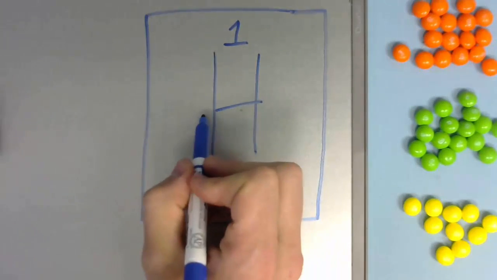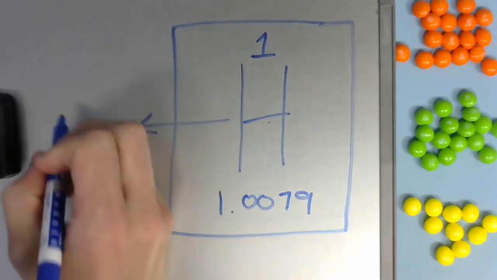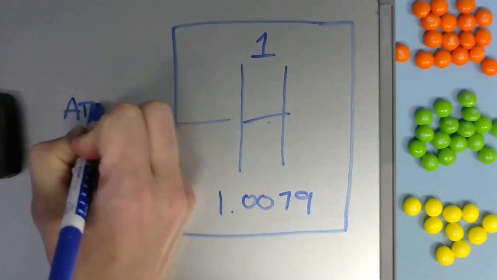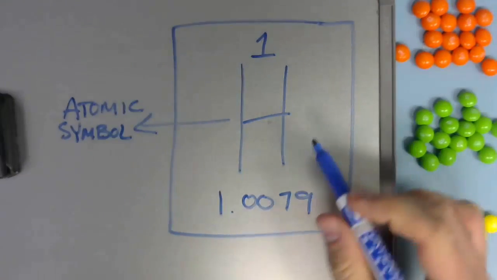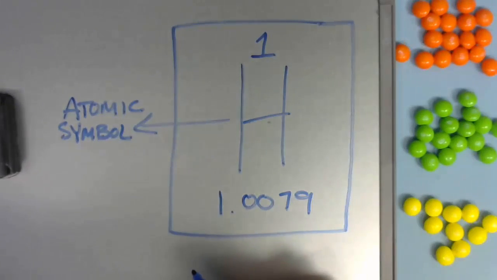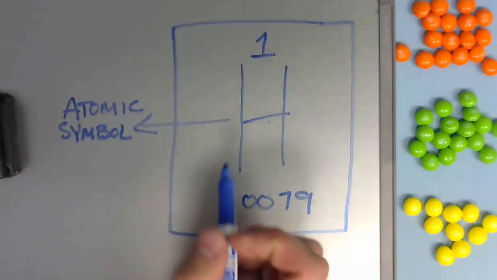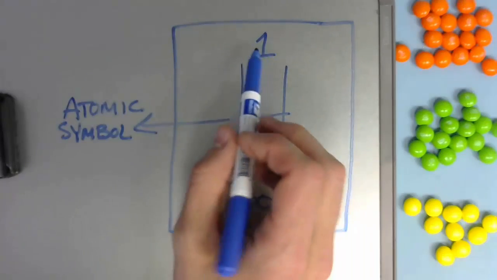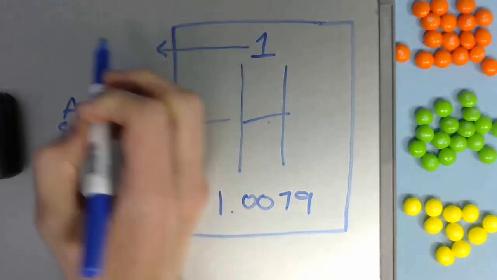The H is called the atomic symbol. Most elements have an atomic symbol that is the first 1 or 2 letters of the element, but not always. The number above it is called the atomic number.